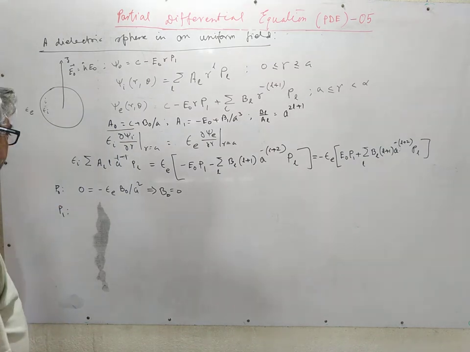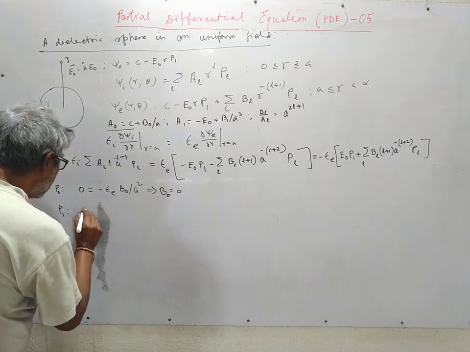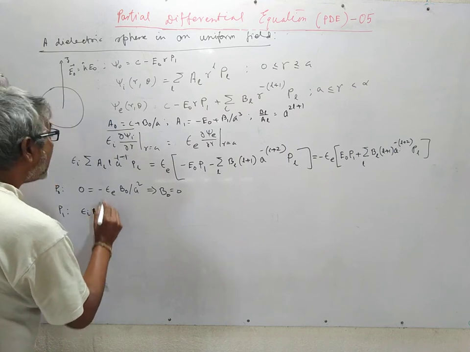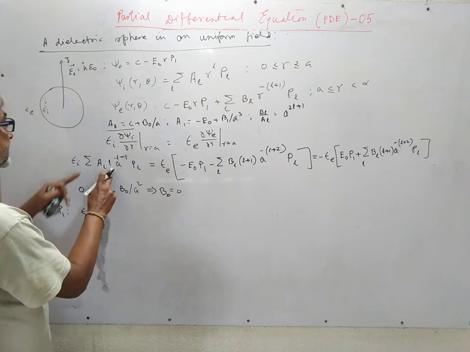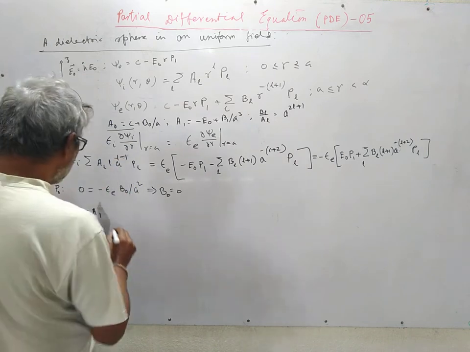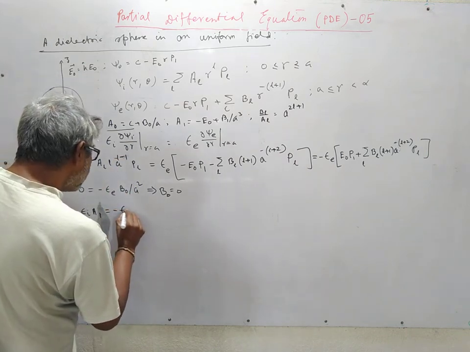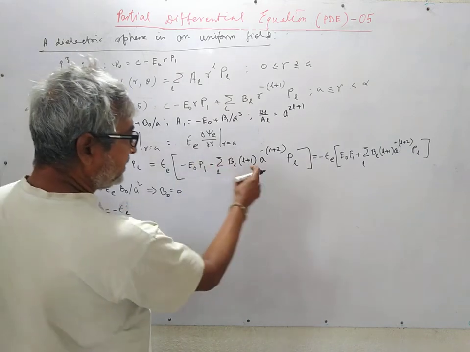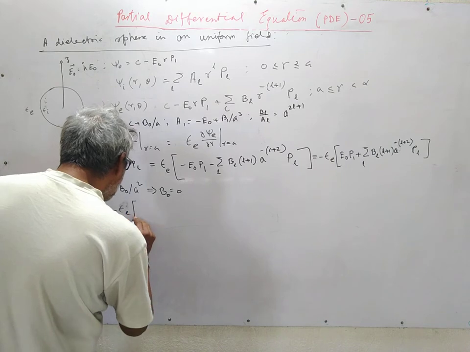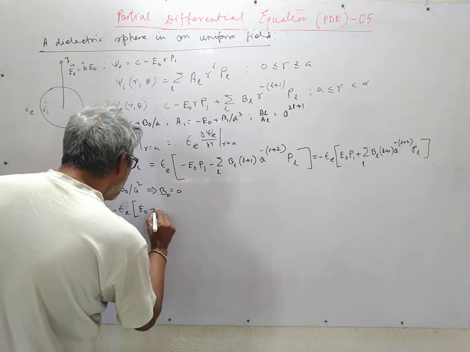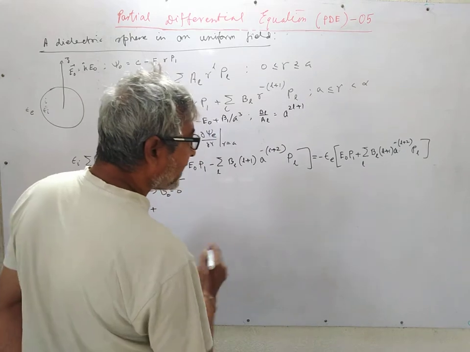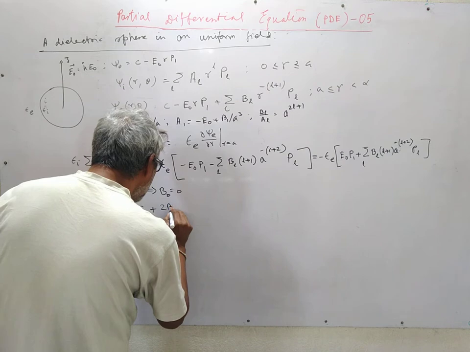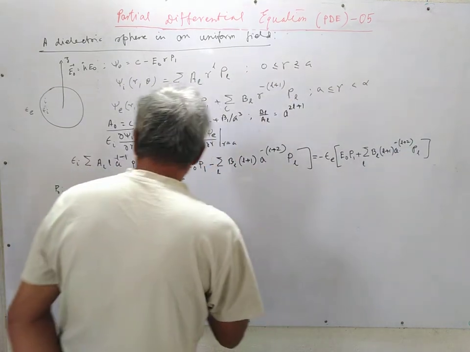Coefficient of P1: this is epsilon I A1, this is 1, this is A to the power 0, minus epsilon E times E0 plus 2B1 by A cube.